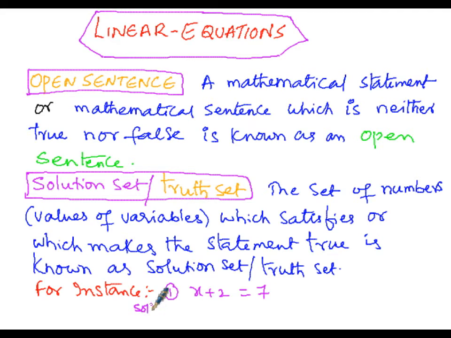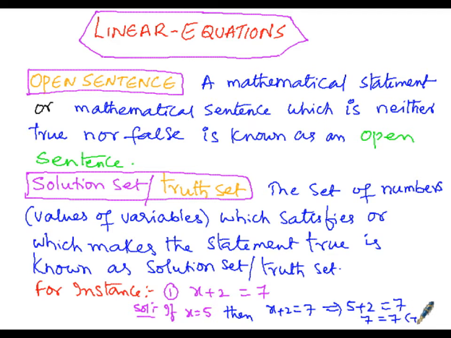Solution: if x equals 5, then x plus 2 equals 7 implies, x must be replaced by 5, so 5 plus 2 equals 7 on the right hand side. The right hand side is also 7, the statement is true, then x equals 5 will be called the solution set or the truth set.